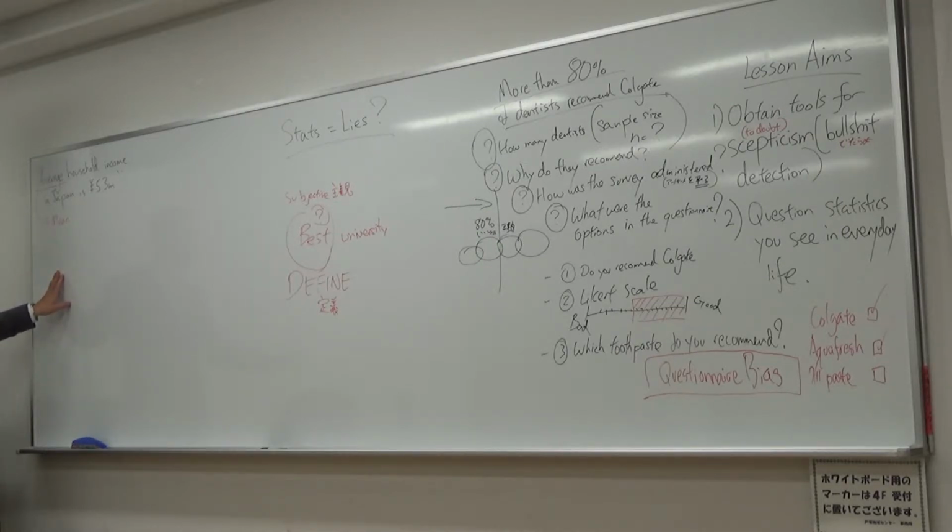Average is the trick, because average can also mean median or mode. These are all averages. So average can be any of these.